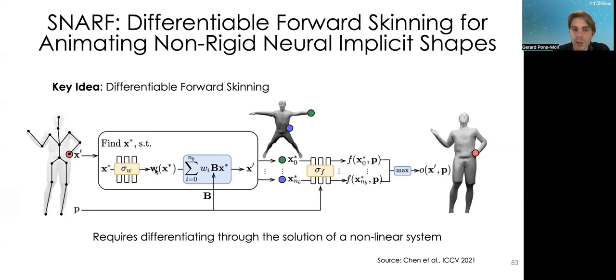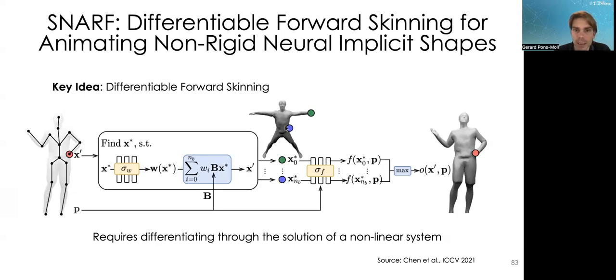So W here is a vector of weights for that point x star. Now when I pose this point, I need to satisfy that the sum of Wi, which are these skinning weights, times the matrices Bi, applied to x star, should match the pose point x prime that I'm evaluating. There might be multiple x stars, x0 until xnb, that satisfy this pose point x prime.